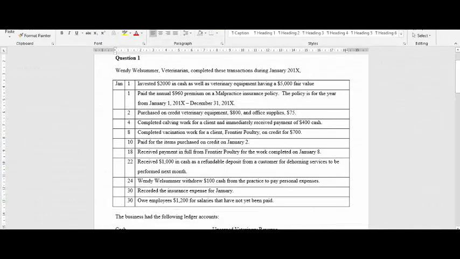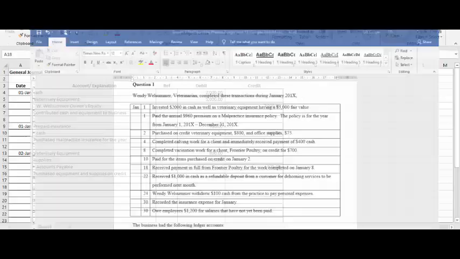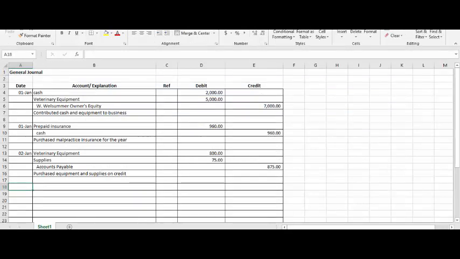And we go look at our next entry on the 4th. Completed calving work for a client and immediately received payment of $400 cash. That's on January 4th. We get cash this time, so our debit is going to be to cash for $400. And we've done the work, so we recognize the revenue, veterinary revenue. Completed calving work.